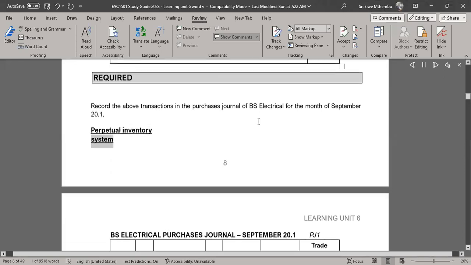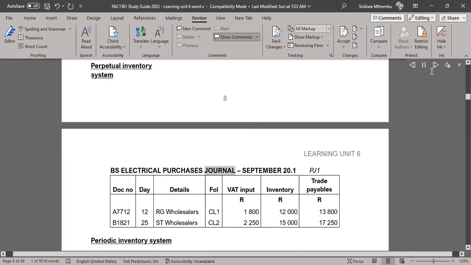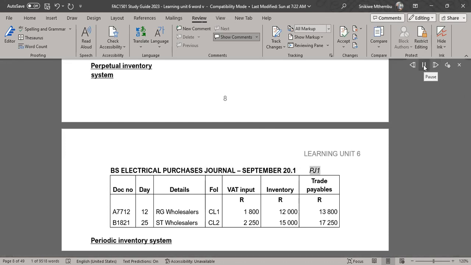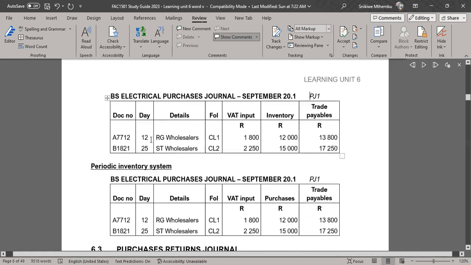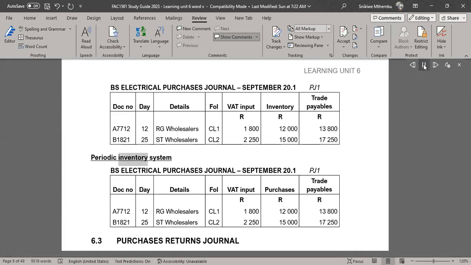Perpetual Inventory System. BS Electrical Purchases Journal, September 20.1, PJ1. Periodic Inventory System. BS Electrical Purchases Journal, September 20.1, PJ1.